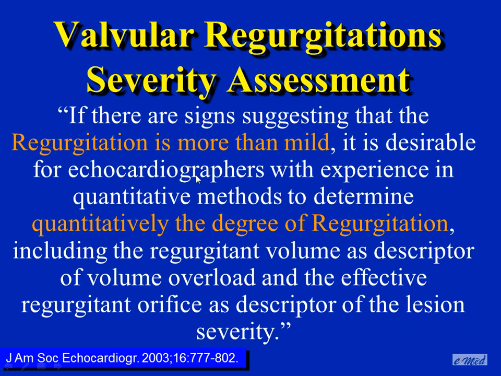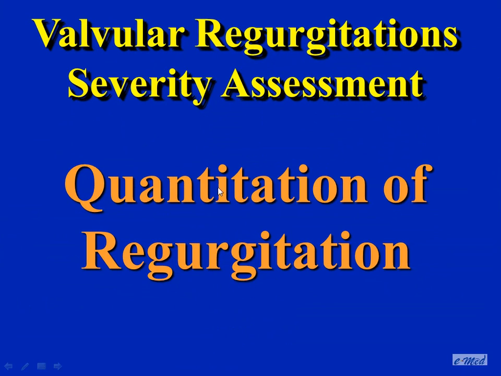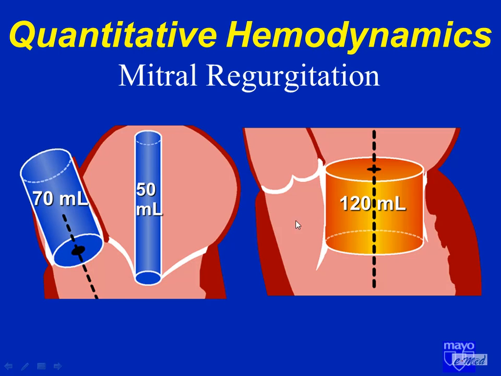So in the guidelines, we said if regurgitation is more than mild and you know what you're doing, you should assess the MR quantitatively. And to do that, you can use Doppler, and Doppler measures stroke volume on the mitral and the aortic orifice.